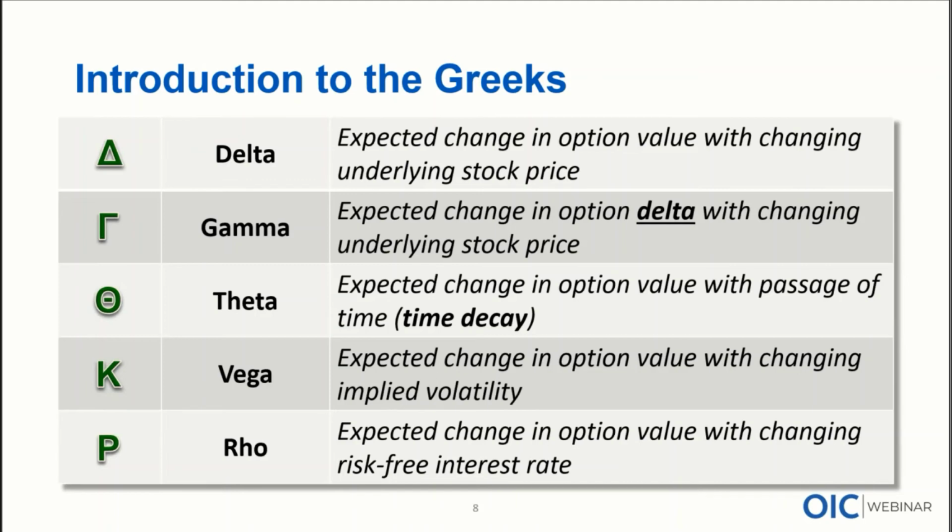If you're looking at how far might the stock need to go for me to be profitable, how much premium am I willing to pay, what's too much, if you're doing those types of thought processes, you're doing some kind of Greek analysis.